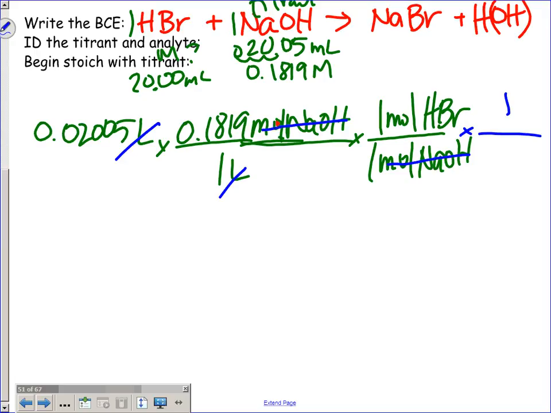You say 20 milliliters, and I'm looking for liters because it's in molar, right? Moles per liter. So that's 0.0200 liters. What units remain? What units are left? Moles of HBr and liters. That's molar, right? Okay, calculate.